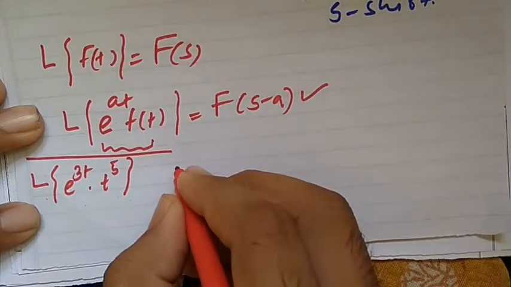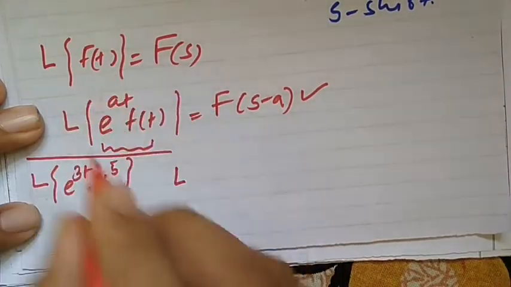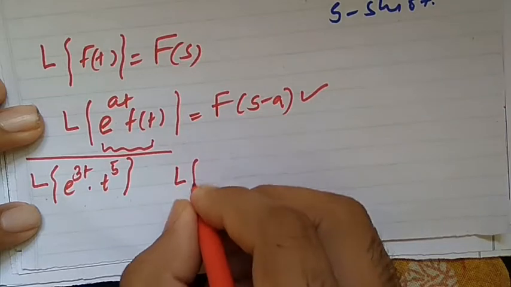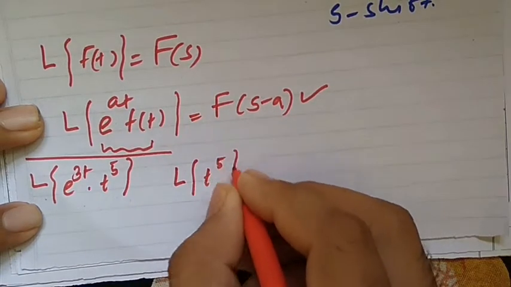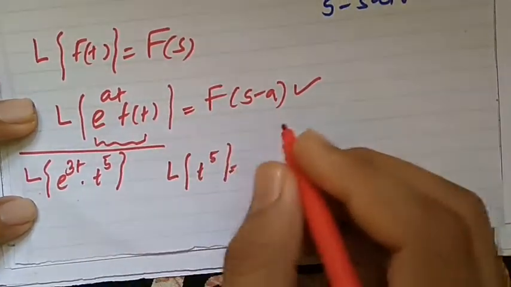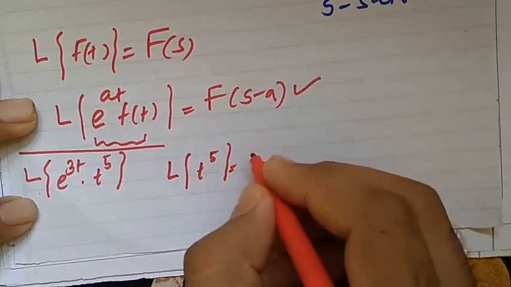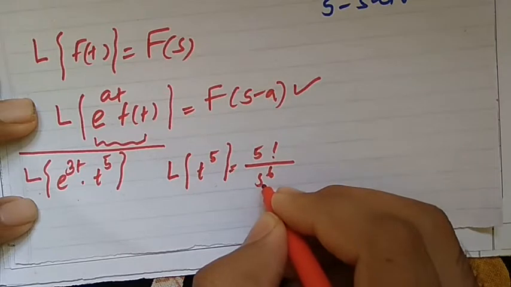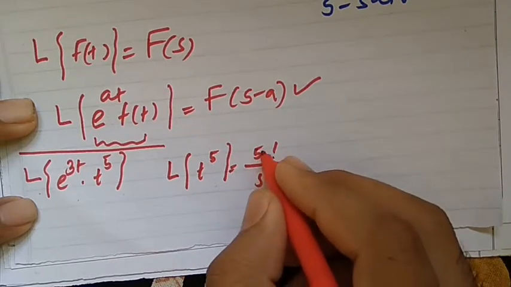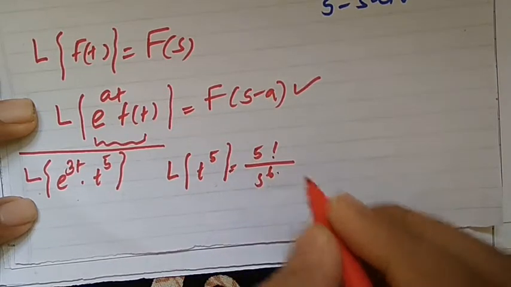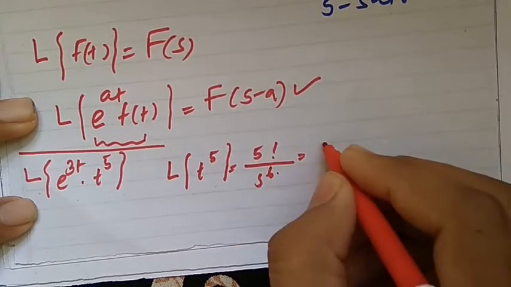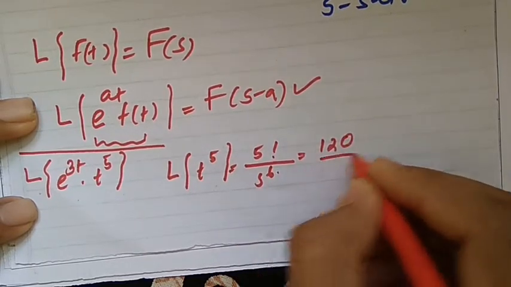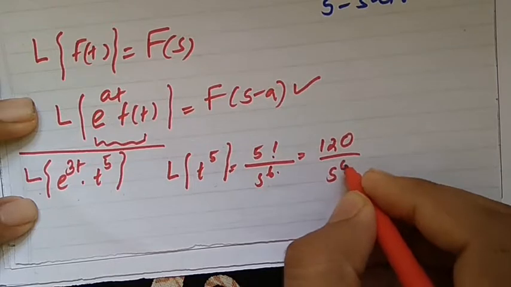The Laplace transformation of t to the power 5, by the formula n factorial by s to the power n plus 1, is 5 factorial by s to the power 6, which is 120 divided by s to the power 6.